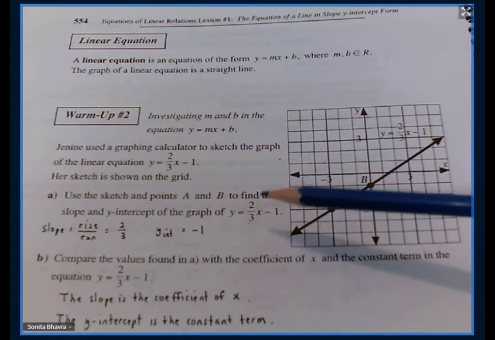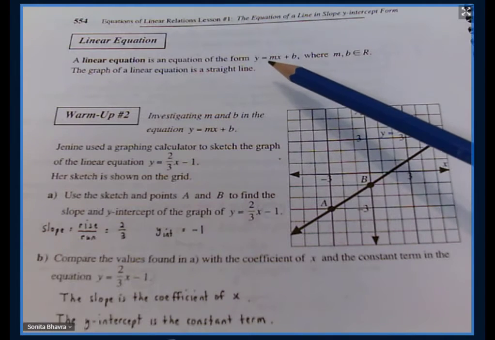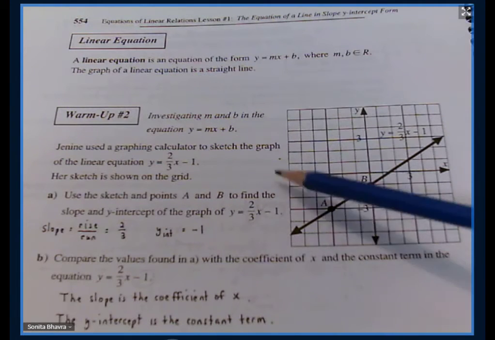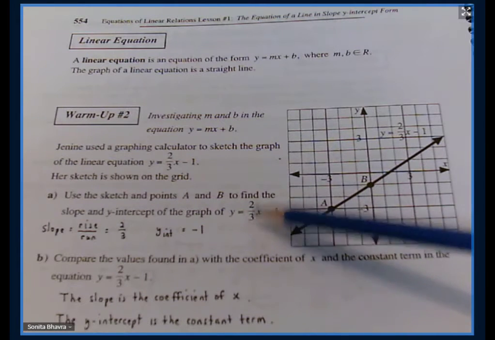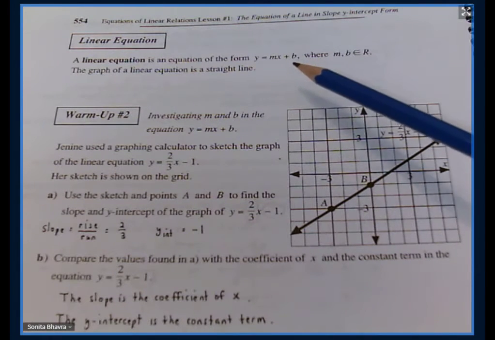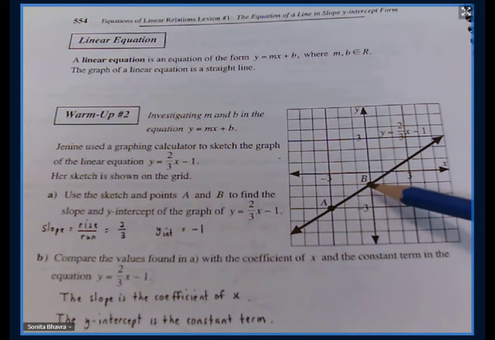Now take a look at our form, which was our slope y-intercept form. M represents slope, and when we look at our form here, 2 over 3, that is our slope. B represents our y-intercept, and if we look at our example here, -1, that is our y-intercept.